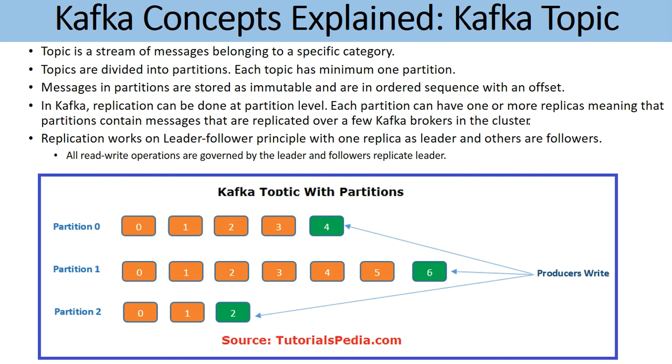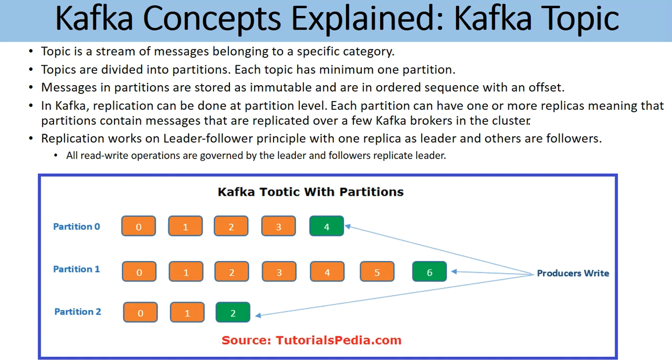Here in this picture, you can see we have partitions for a certain topic: partition 0, partition 1, partition 2. All the write operations are done at the last offset. For example, for partition 1, the next operation, a write operation, sorry, will be on the next latest offset, which is offset 4, marked here in green. For partition 1, the next message will be written to offset 6, and for partition 2, the next message will be written to offset 2.